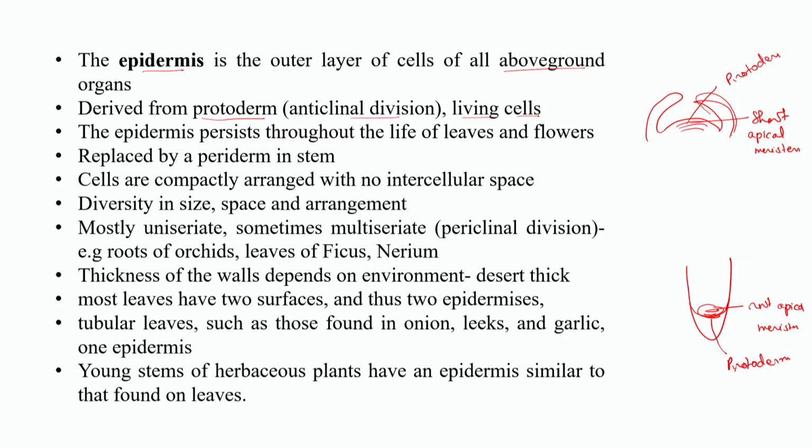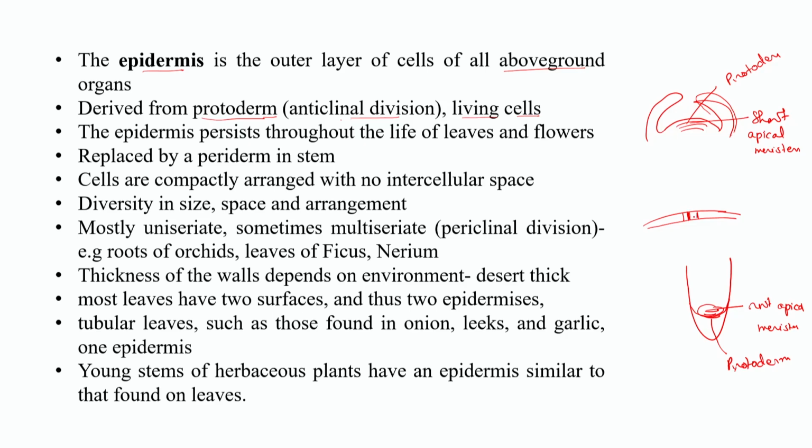These are living cells. Basically you can call them parenchymatous cells, and they are living, thin walled, made up of cellulose. This epidermal layer is formed by anticlinal division of the protoderm. So when we were discussing the outer surface layer, it is dividing anticlinally.